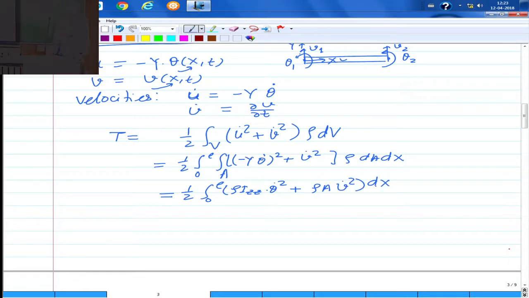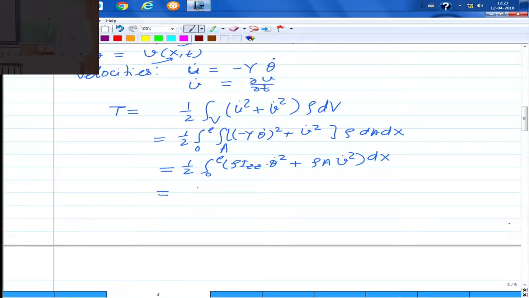Ultimately, this term is referred to as the rotary inertia term. It can be similarly taken in the case of the Euler-Bernoulli beam element. There, in place of theta dot, you will have del 2 v by del x del t, because rotation is del v by del x, and its time derivative would become del 2 v by del x del t. Once you have this, the rest of the steps are straightforward.